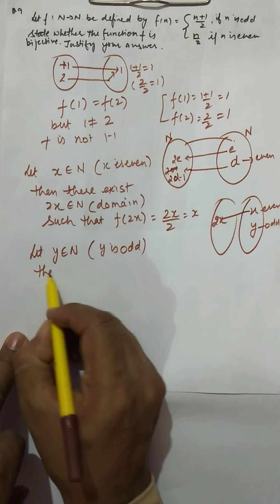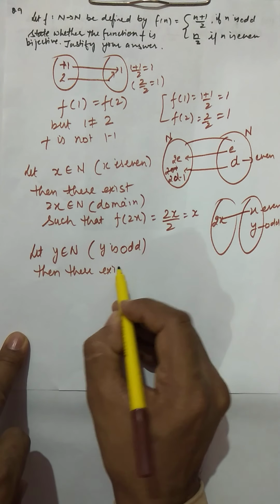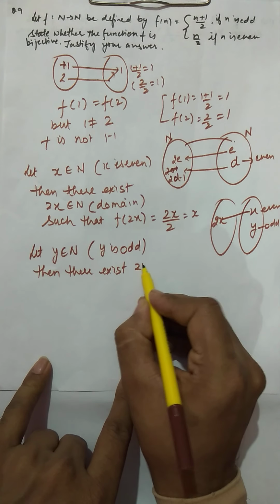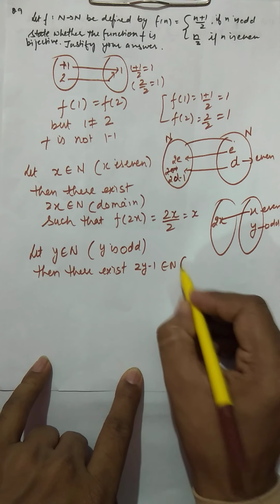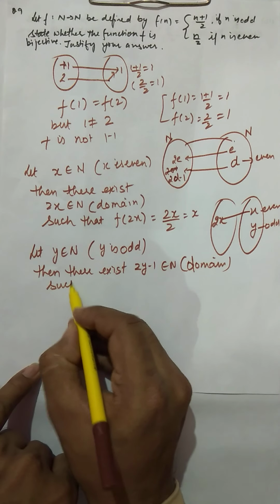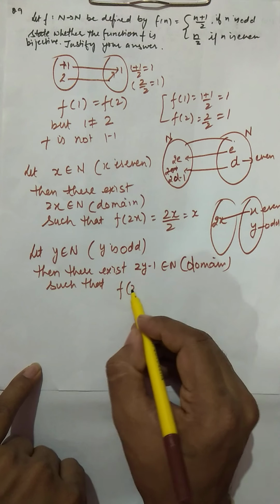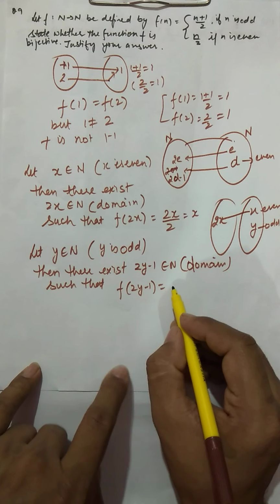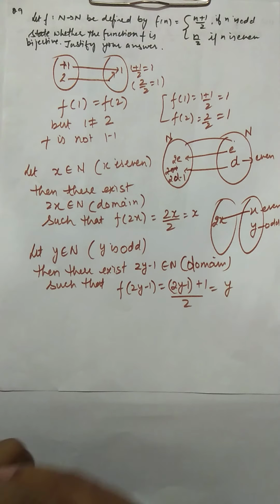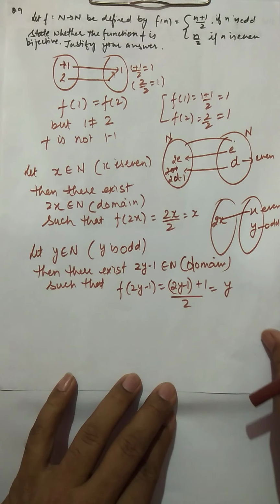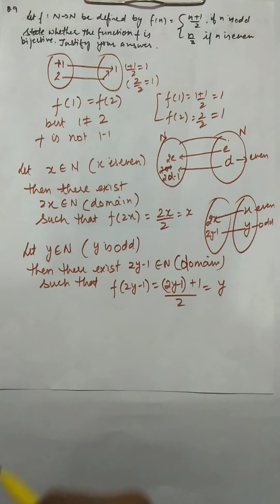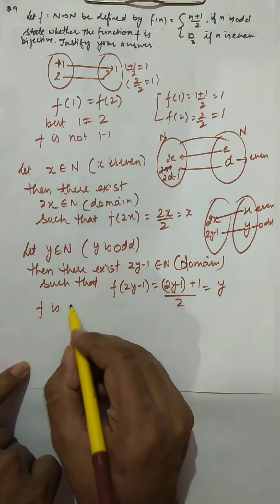So then you can say, then there exists 2y minus 1 belongs to N, means this is domain, such that f(2y minus 1) you do, then this is odd, you know, (2y minus 1 plus 1) upon 2 you do, then you are going to get y. So for every y in the codomain, we have the pre-image 2y minus 1. So this way we can say that f is an onto function.